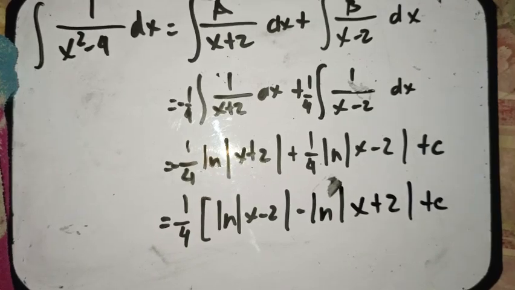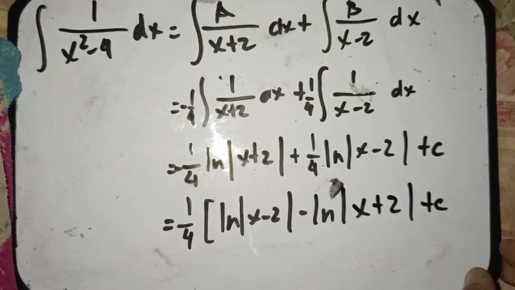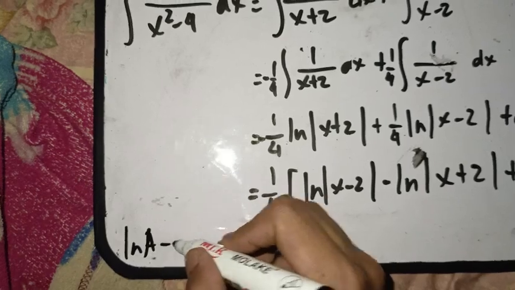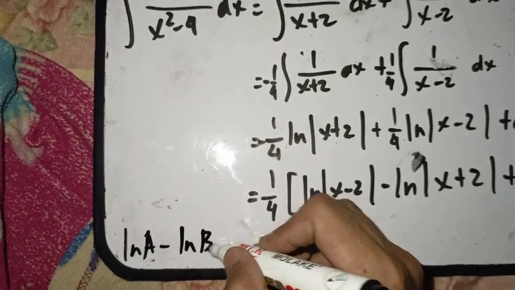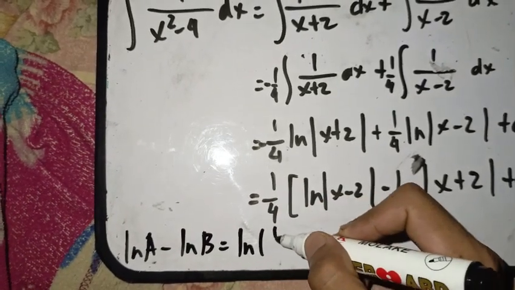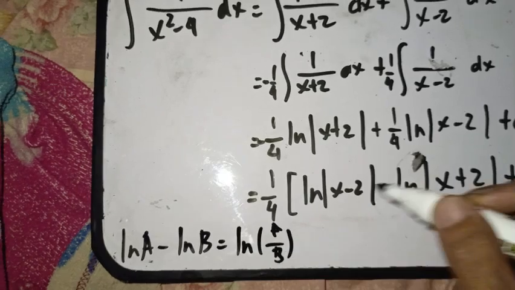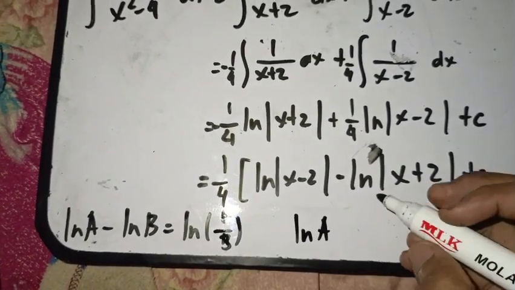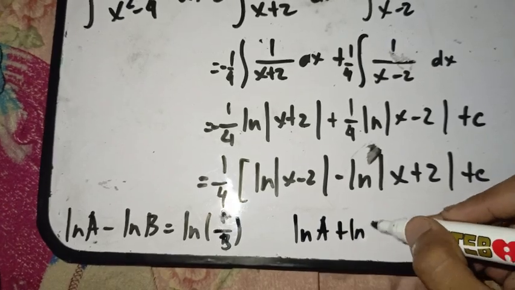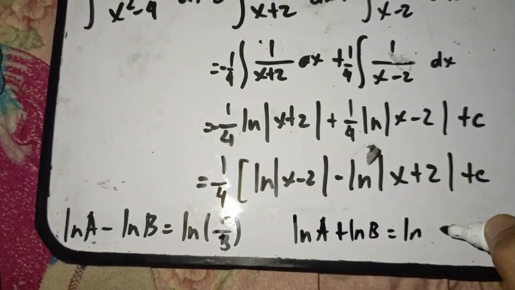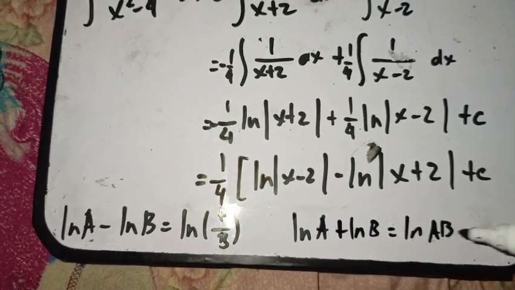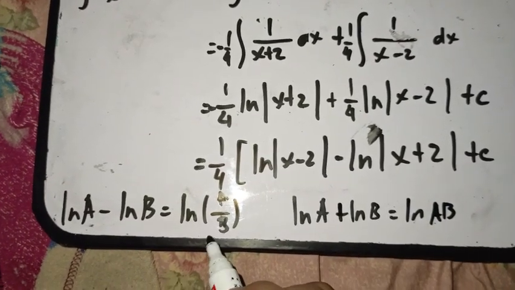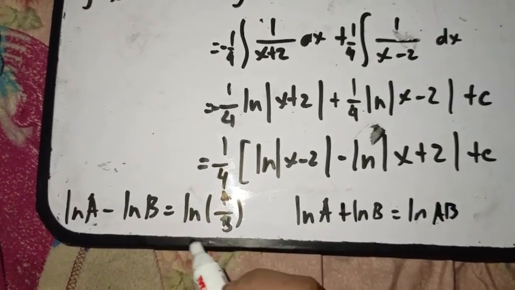Now we have a property of logarithms: ln a minus ln b is equal to ln of a over b, and ln a plus ln b is equal to ln of a multiplied by b. Here we have ln a minus ln b, so we're going to proceed with this property.